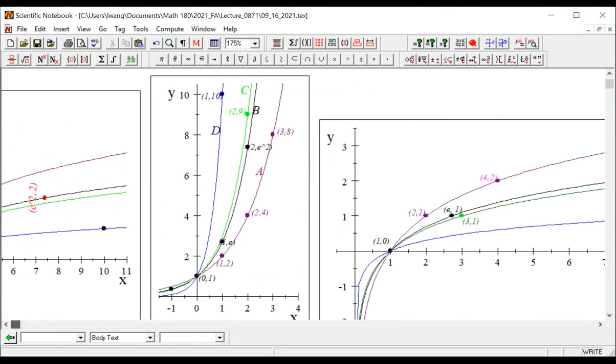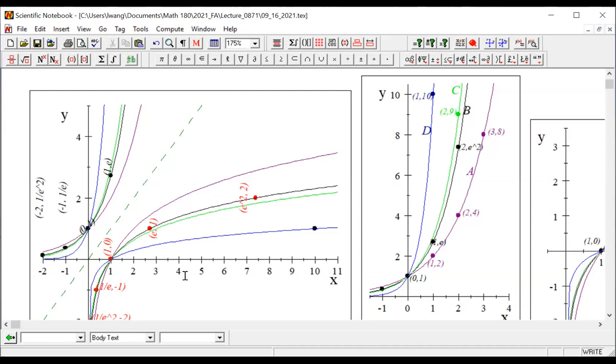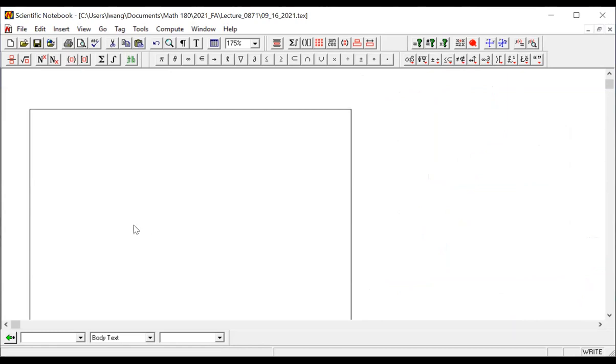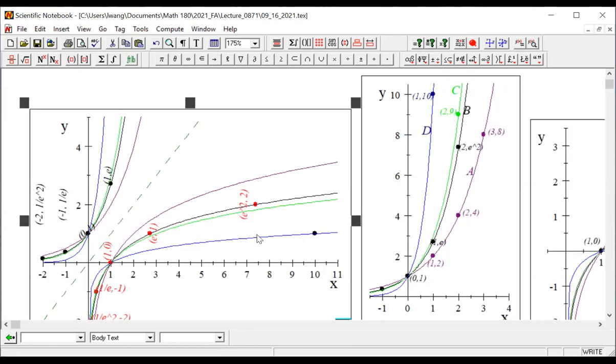And this picture, of course, is both exponential and logarithm together. You can see that now we understand why they're called families. They are in the same family indeed.